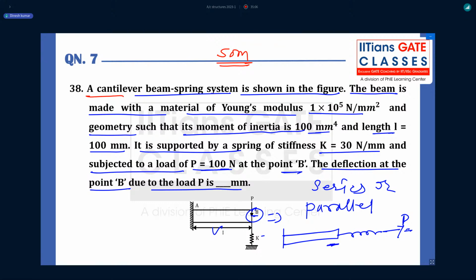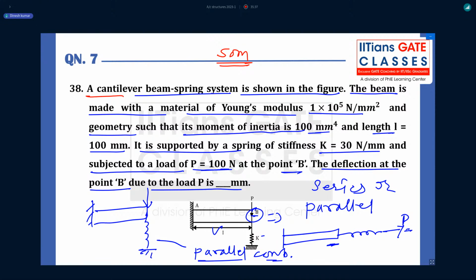But here, you have a beam and the load is at the junction, and then there is a spring connected. So is this combination parallel or series? It's a parallel combination.